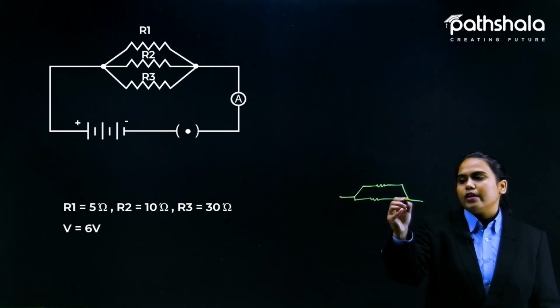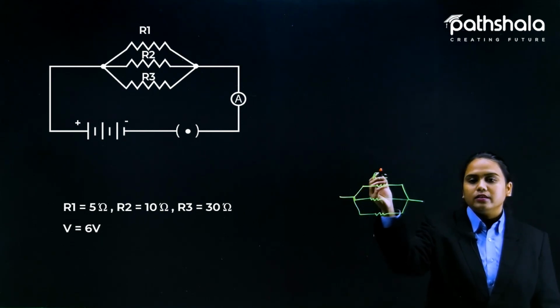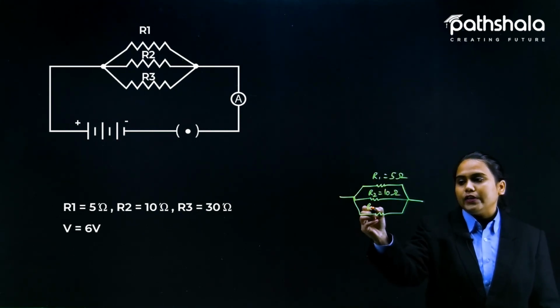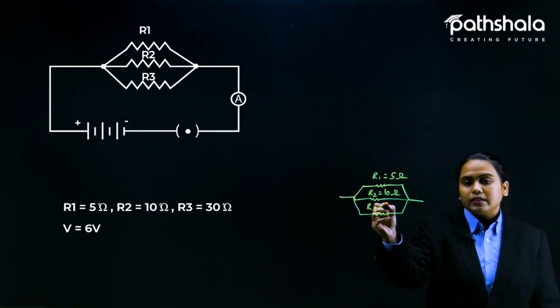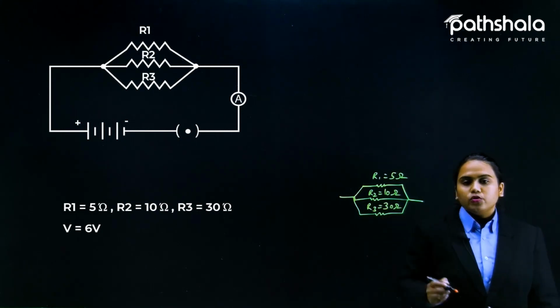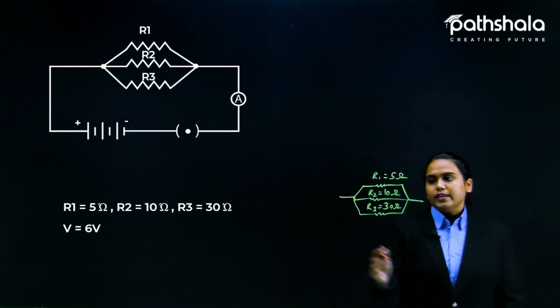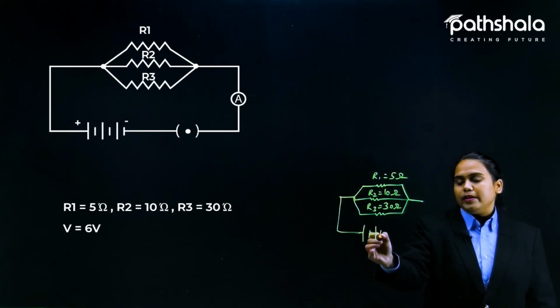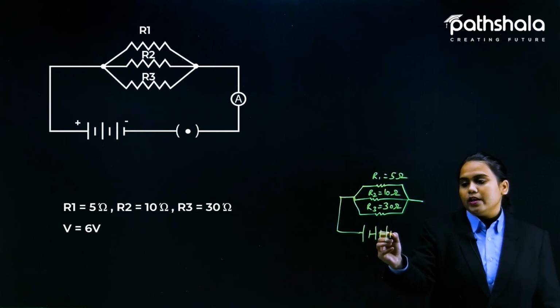You can draw it roughly like this and write the value of R1 as 5 ohm, R2 as 10 ohm and R3 as 30 ohm. And the voltage value here will be 6 volt.